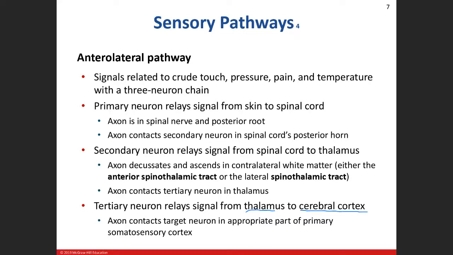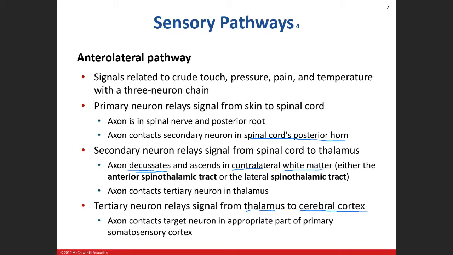Let me go back. The primary neuron enters into the spinal cord, heads to the posterior horn, where it's going to synapse onto the secondary neuron. That secondary neuron will cross over, or decussate, and travel on the opposite, contralateral side in the white matter.